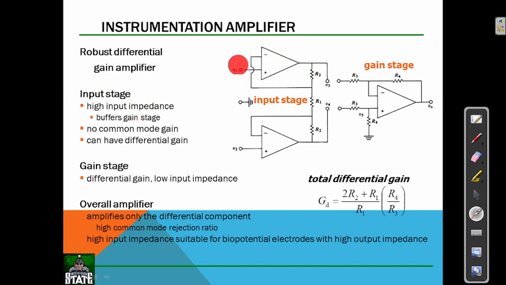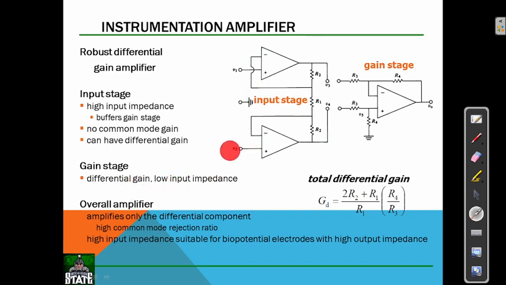This one has high input impedance and buffers. In the gain stage, no common mode gain happens here, and then we have a differential gain over here, whereas the gain stage has low input impedance.